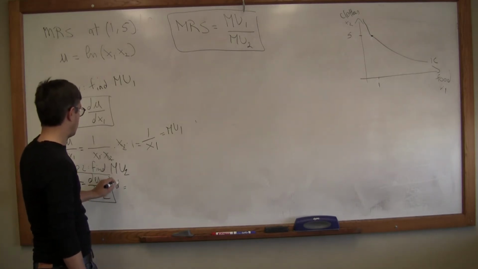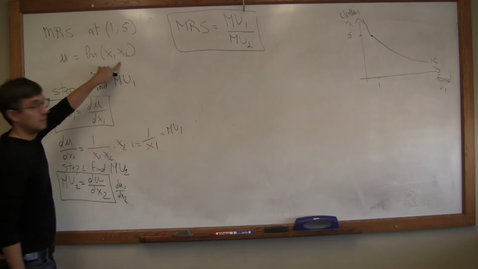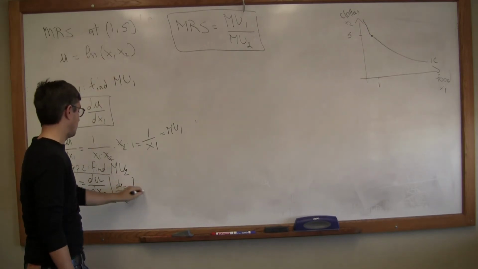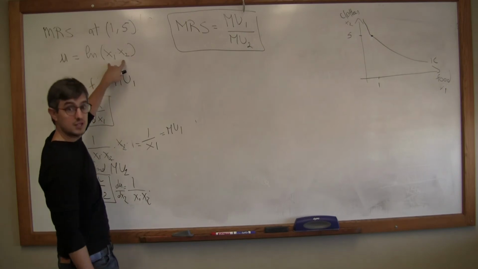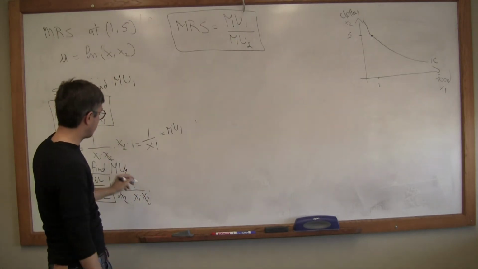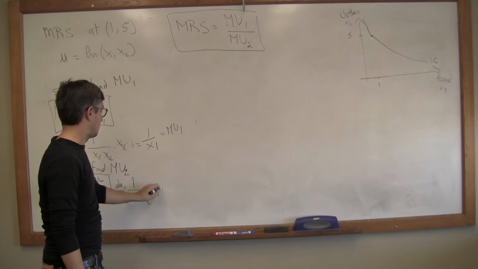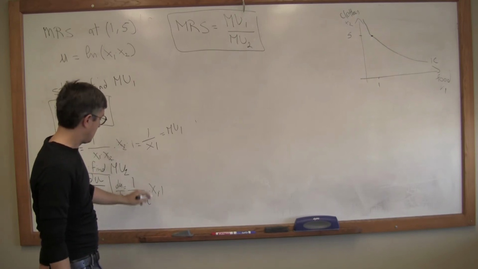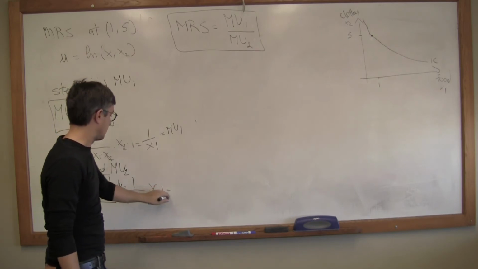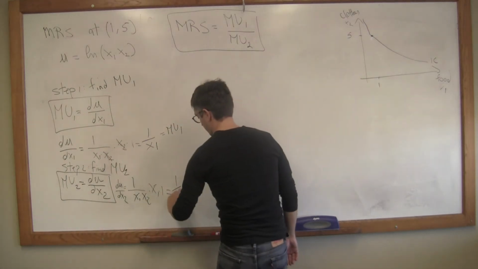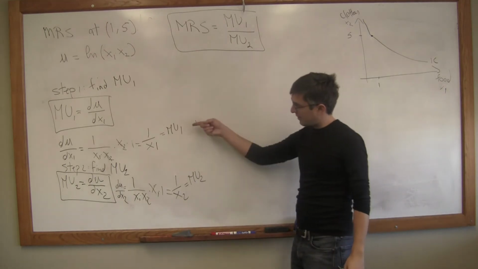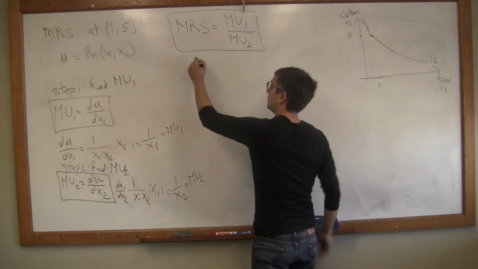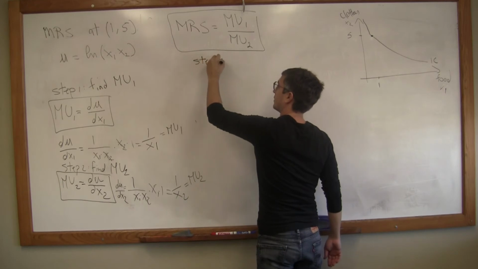Well, it's the derivative of the outside function, 1 over x1 times x2, times the derivative of the inside function with respect to x2, meaning that I treat x1 as constant, and so I write it down. And again, we get 1 over x2, which is our mu2. So now I have mu1 and I have mu2. So step 3, put them together.